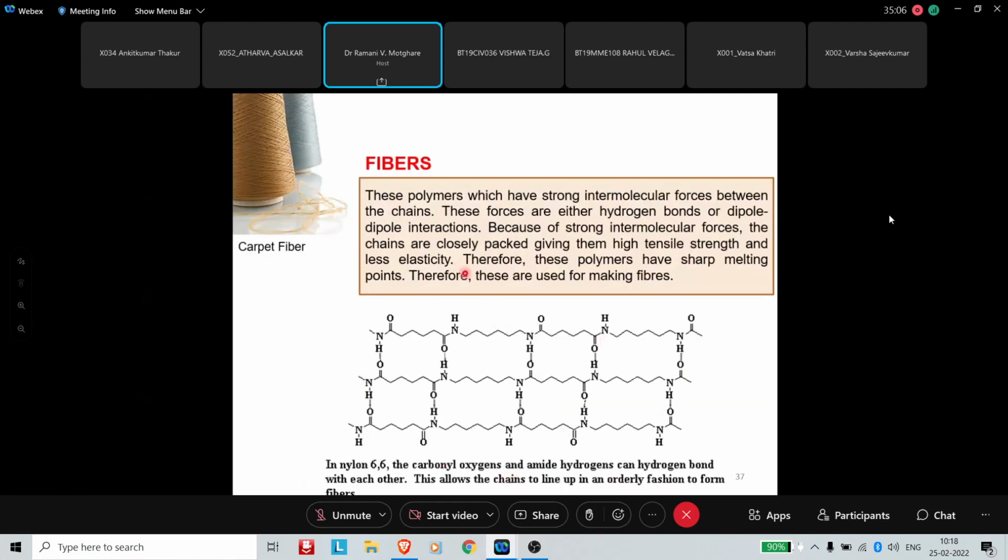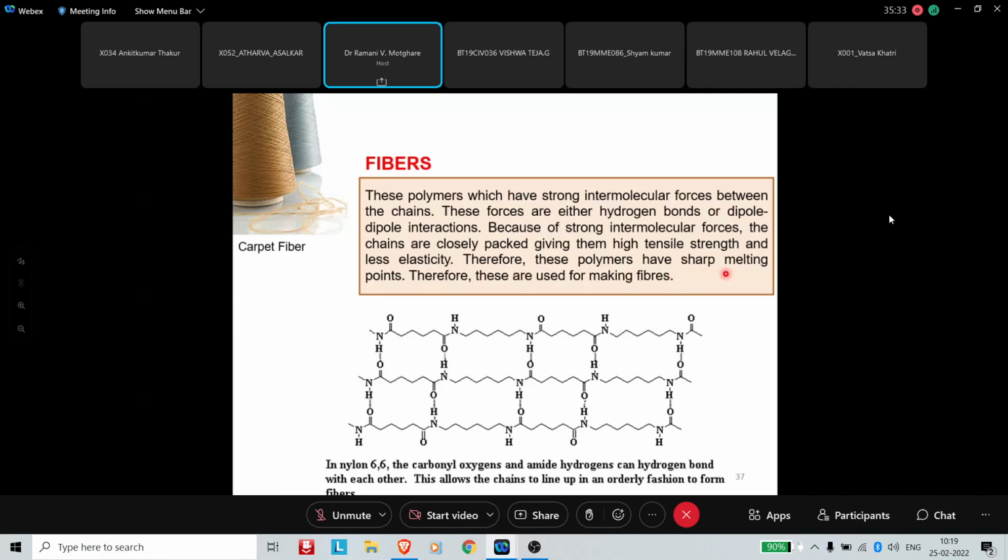Then you have fibers. Fibers have strong intermolecular forces between the chains, held together, as you can see by the dotted line here. This is termed hydrogen bonding with an electronegative atom. So H bonding is there. Because of strong intermolecular forces, the chains are closely packed, giving them high tensile strength and less elasticity.